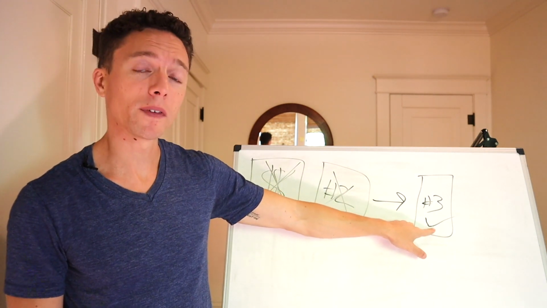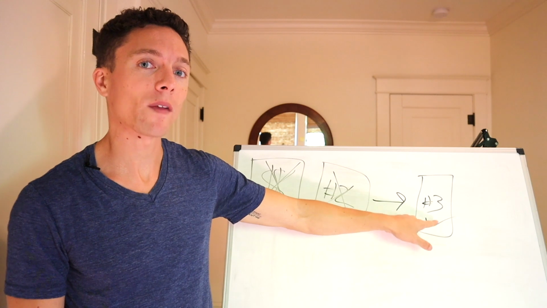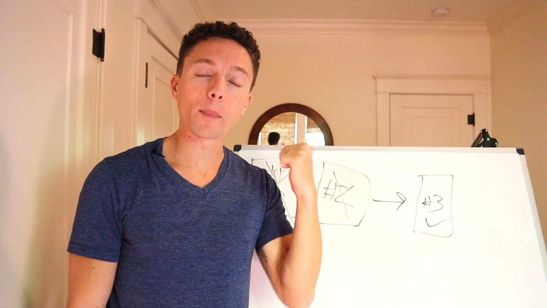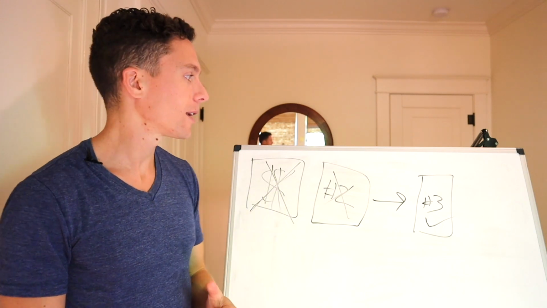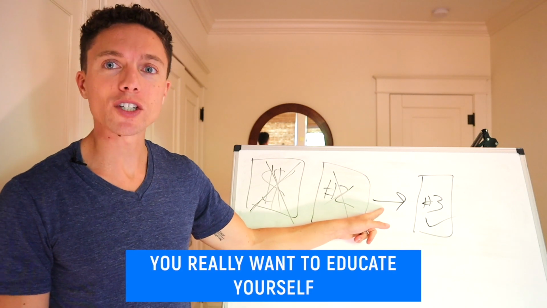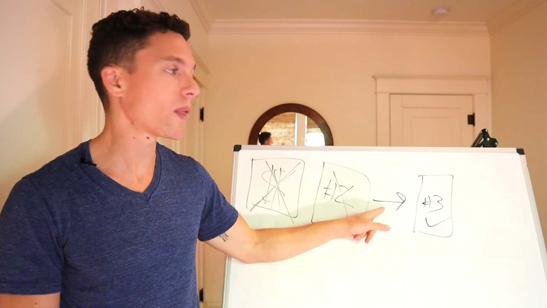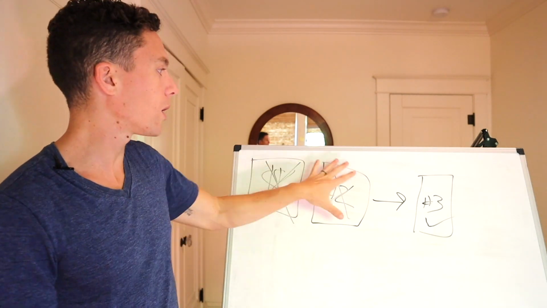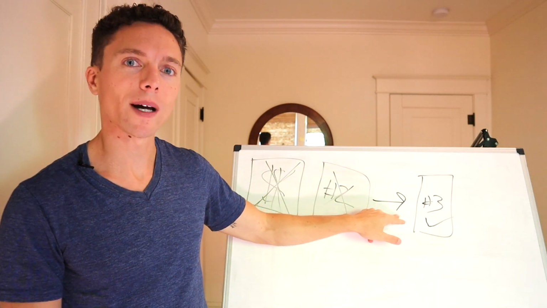And I have proof that this really is a stealth account that's not linked up with my main eBay account. I showed that in a prior video in this video series. So that was a success. What I learned here is that you really want to educate yourself and spend the time to do that, because look how much time and money I wasted doing all of this when I just could have educated myself.